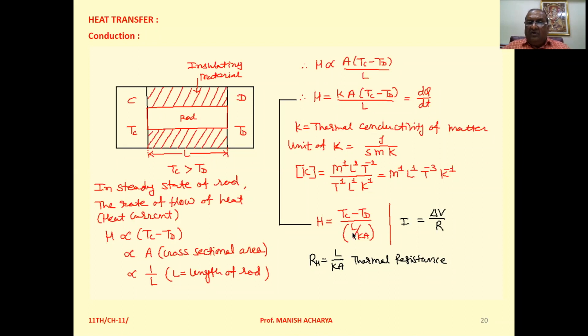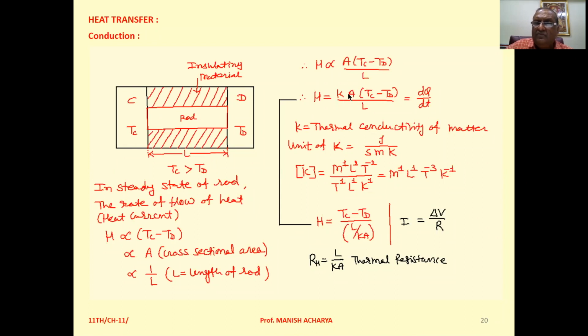Now see the analogy in these equations. Electrical current I is equal to electrical potential difference V upon the electrical resistance R. Now rewrite the equation of heat current as (Tc minus Td) upon L by KA.